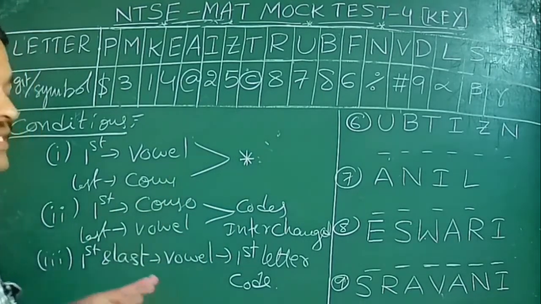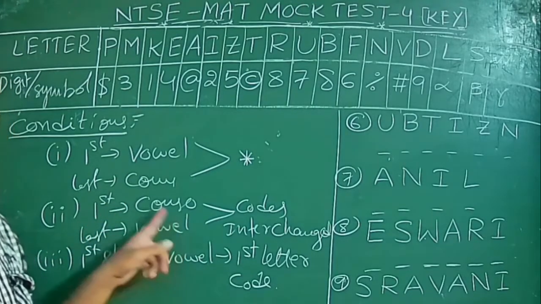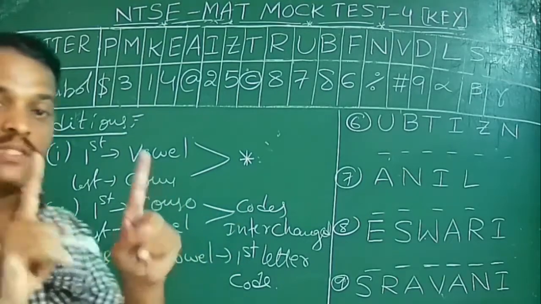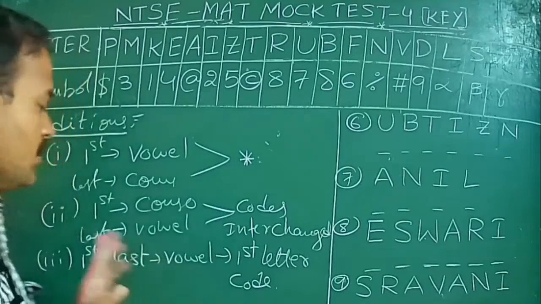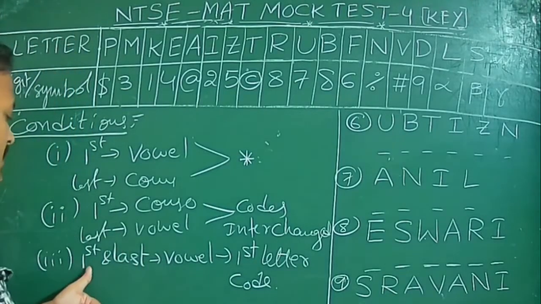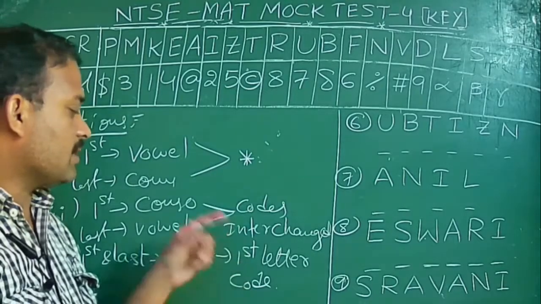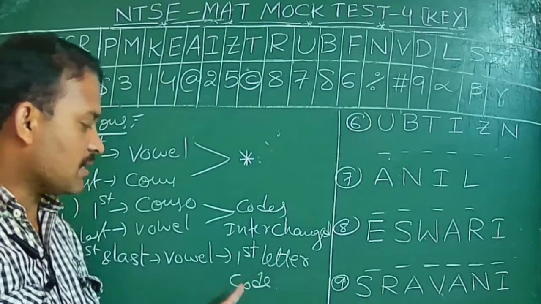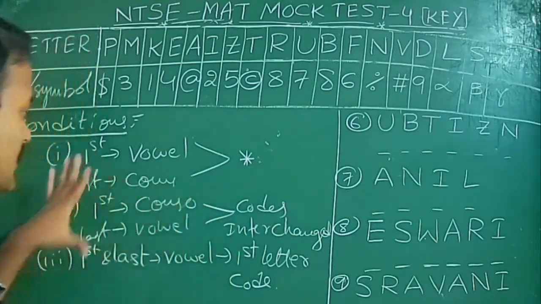The second condition is the first letter is a consonant and the last letter is a vowel, then both the codes are interchanged. That is the second condition. The third condition is first and last letters are vowels. Then the code of the first letter only is used for both the first and last letters. Okay, these are the three conditions.